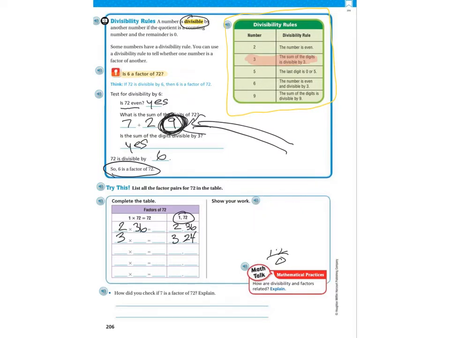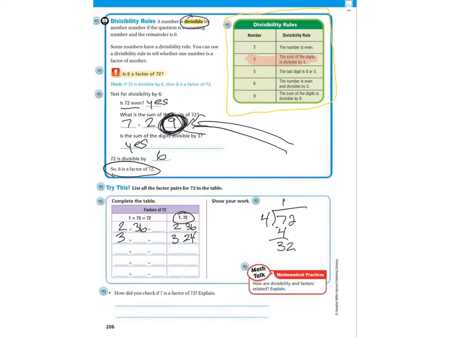Let's try number 4. Now, there's no divisibility rule here for the number 4. So we just have to do division. 72 divided by 4. 4 times, looks like 1. 1 times 4 is 4. 7 minus 4 is 3. Bring down my 2.